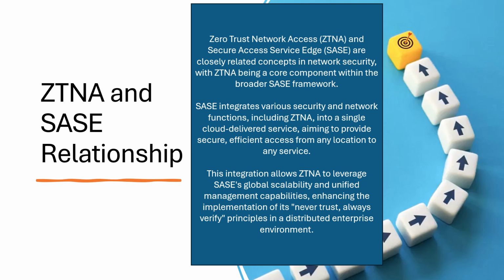ZTNA adds the critical capability of secure zero trust access control. This integration means that within a SASE model, ZTNA not only secures access based on identity and context, but also benefits from the scalability, performance, and simplified management that SASE offers.